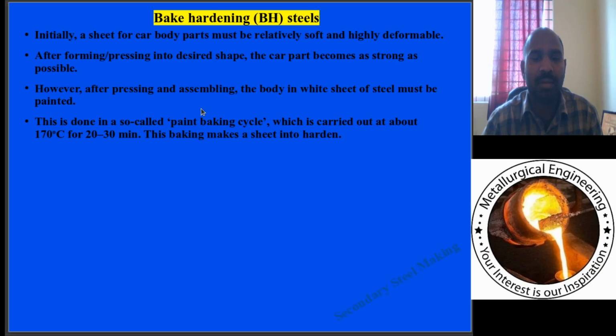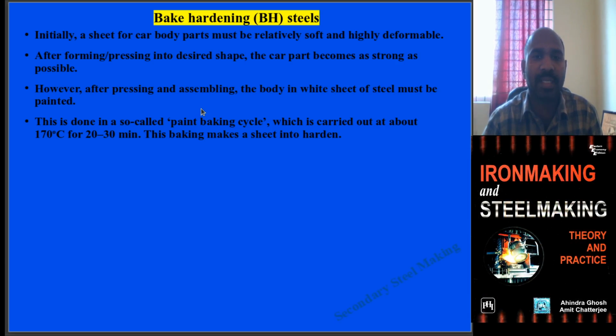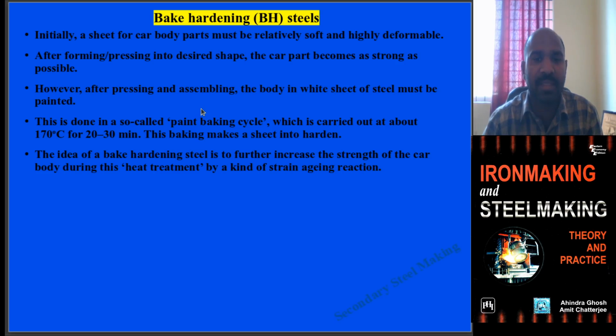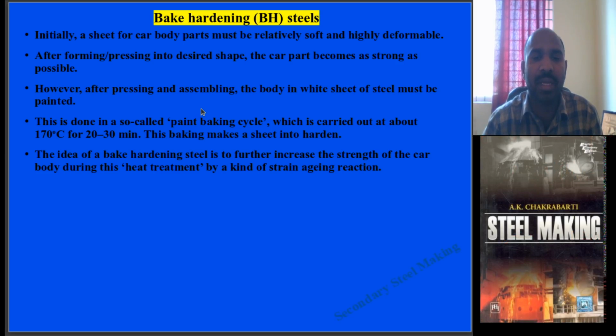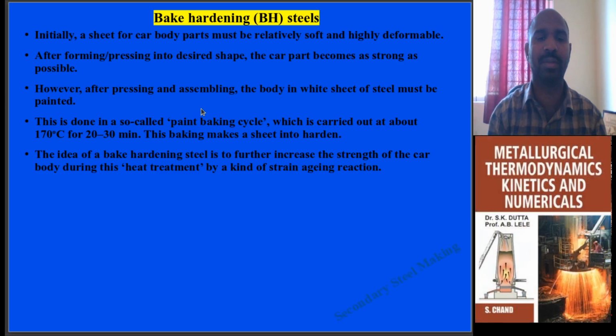Because of the temperature ups and downs, it adjusts itself. This particular treatment is useful for that condition. The main idea of bake hardening is increasing the surface hardening, which is nothing but surface heat treatment. It is just like a strain aging reaction or precipitate hardening reaction.